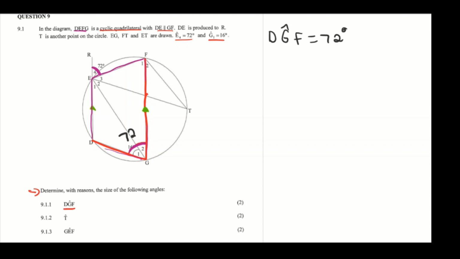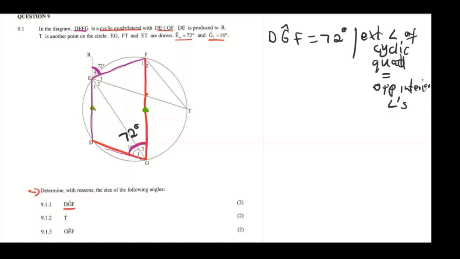So it's 72 degrees here. Reason being: the exterior angle of a cyclic chord is equal to the opposite interior angle, right? So that's how we found this angle here.